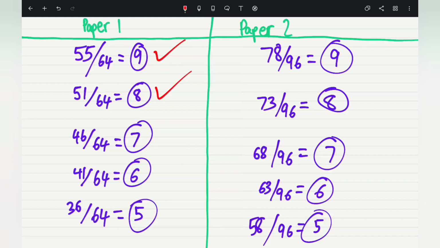For a grade 7, 46 out of 64. For a grade 6, 41 out of 64. For a grade 5, 36 out of 64. So these are your average predictions for the grade boundaries for paper 1.